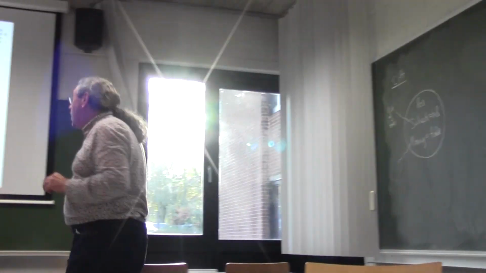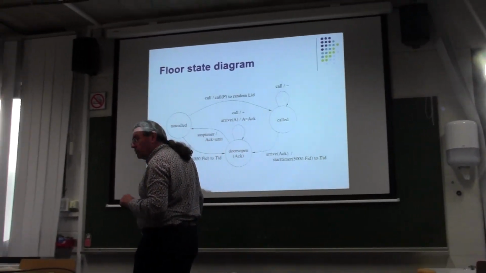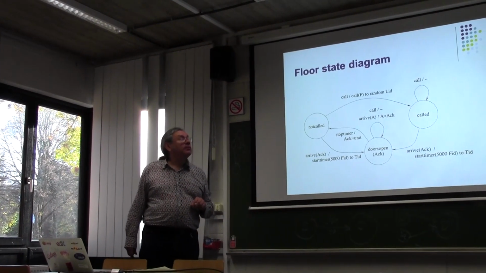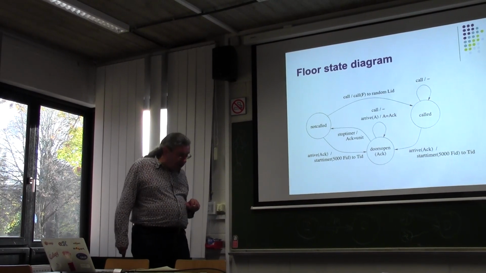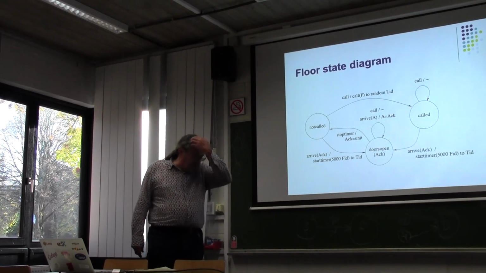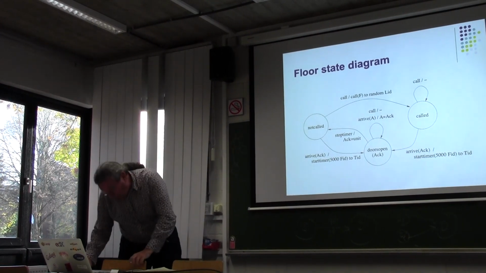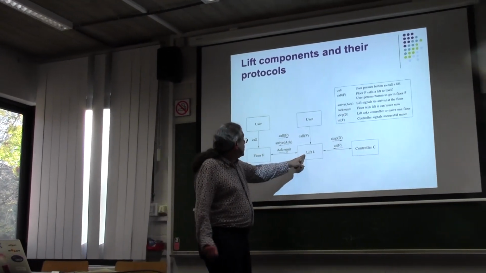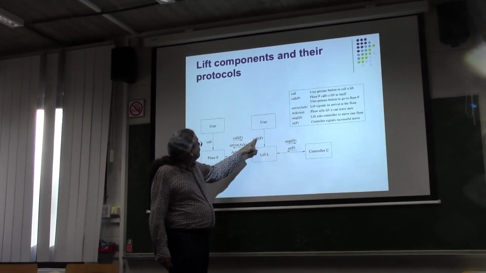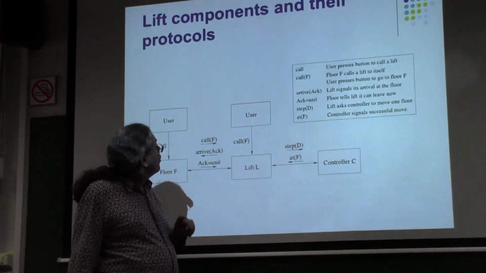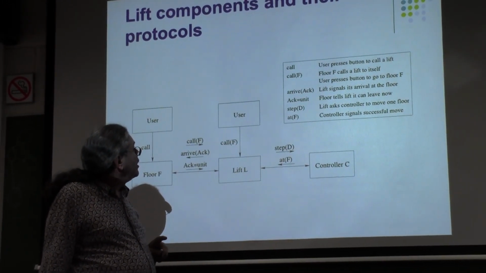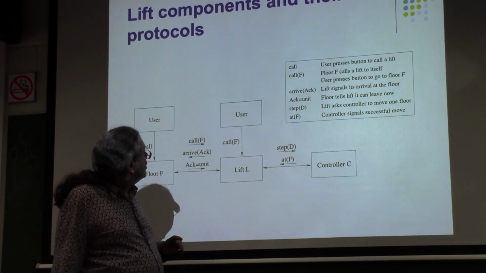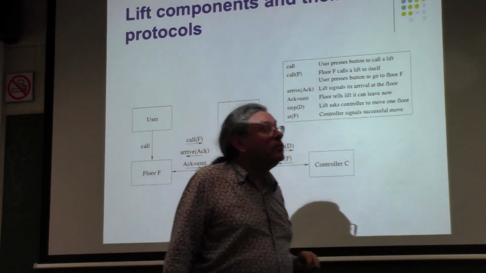But there's a way of making the lift not idle. There are actually several ways of making the lift not idle. Somebody has to call it. So it has to actually be called to a certain floor. Let me go back to here. So the lift will accept call F messages to go to floor F. And once it has a call F, it will add that to the schedule.